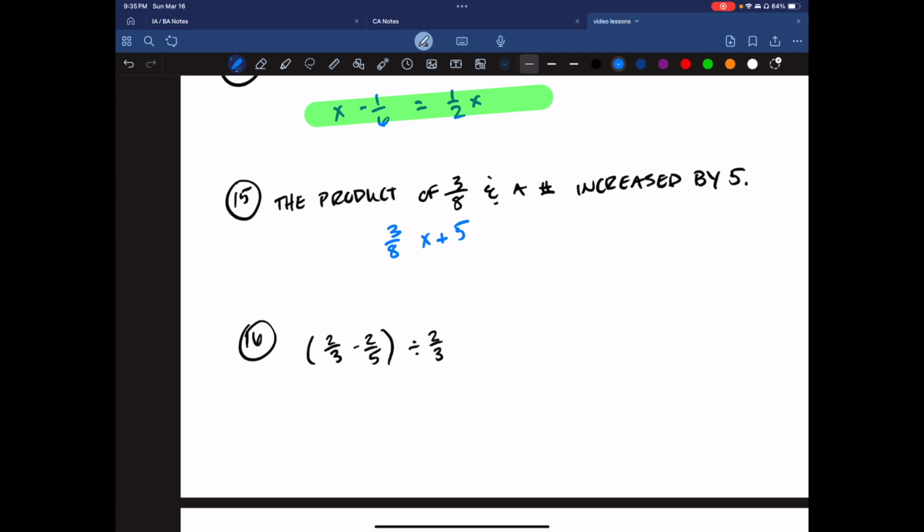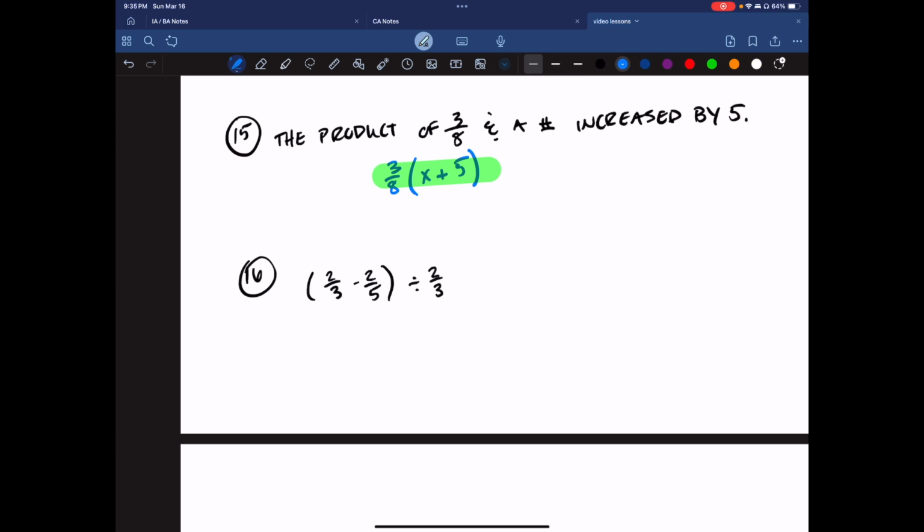So it says the product of 3/8 and a number increased by 5. Right, so it's subtle, but it's asking you to add the 5 first and then multiply. This is the product of 3/8 and a number increased by 5. So the "and" tells you where to put that parentheses, and a number x increased by 5. Okay.